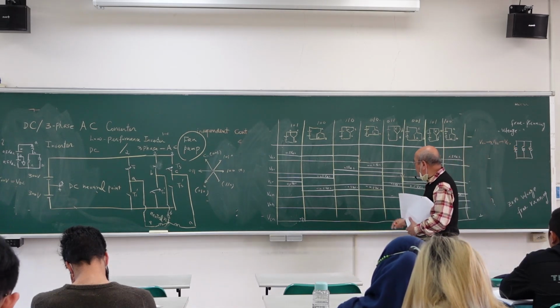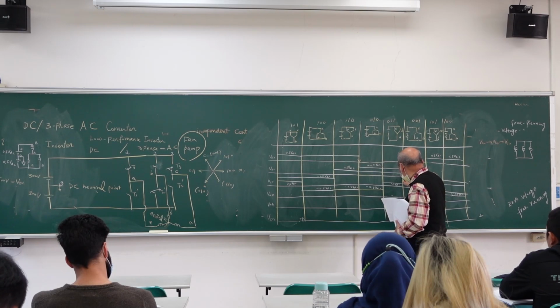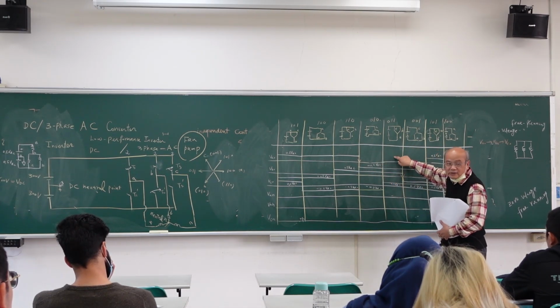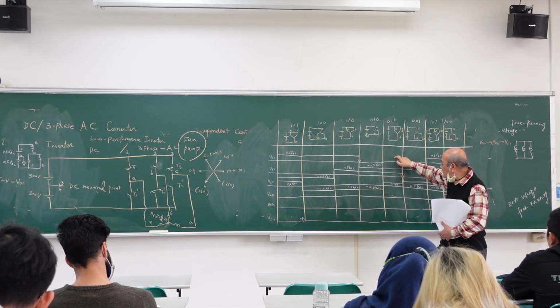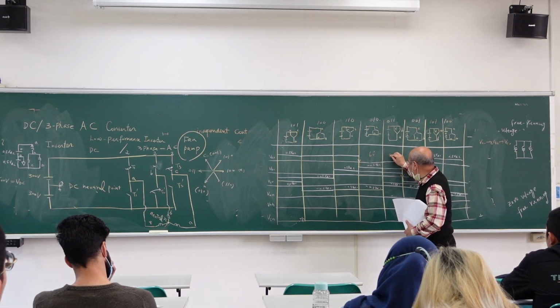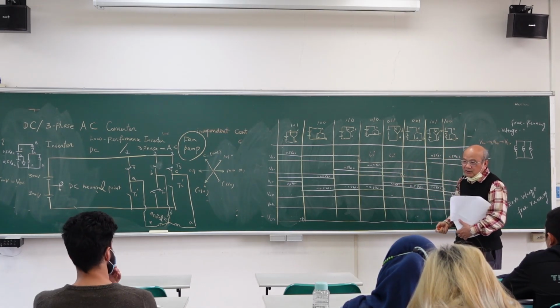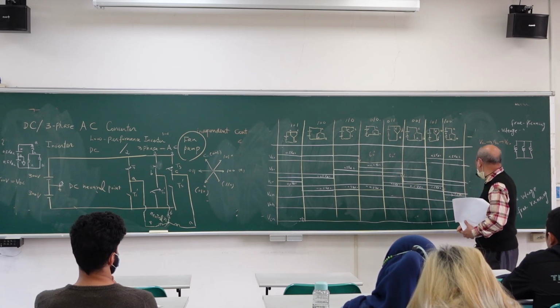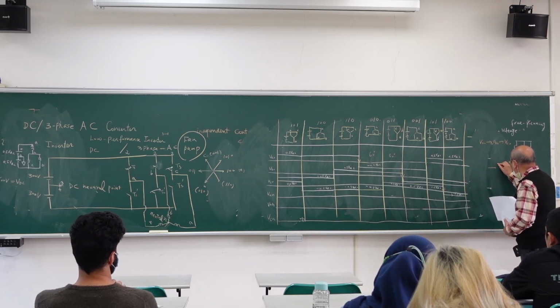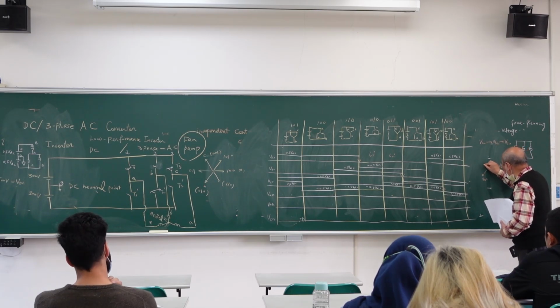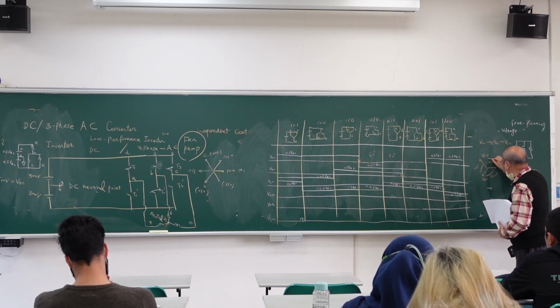How about phase shift? Here to here, how many steps delay? 1 step, 2 steps. Each step 60 degrees. So B delays A how many degrees? 120. So you have A, you have B, you have C. So 120, 120, 120.